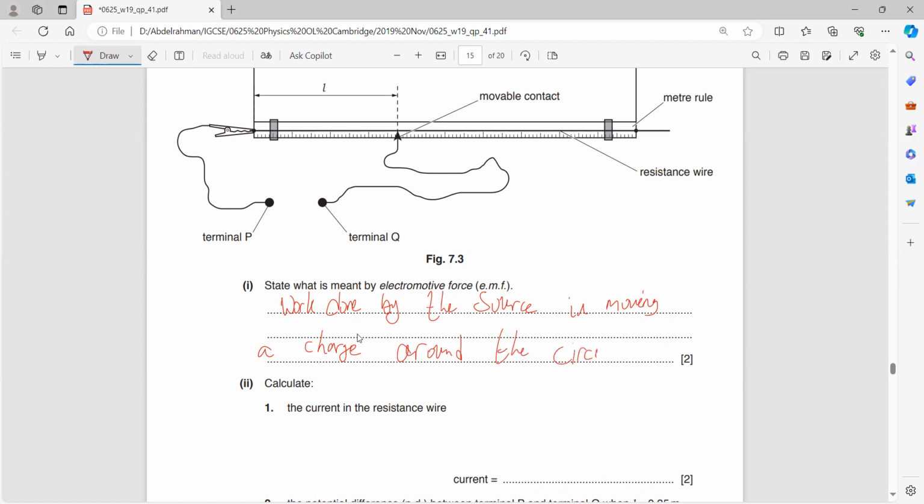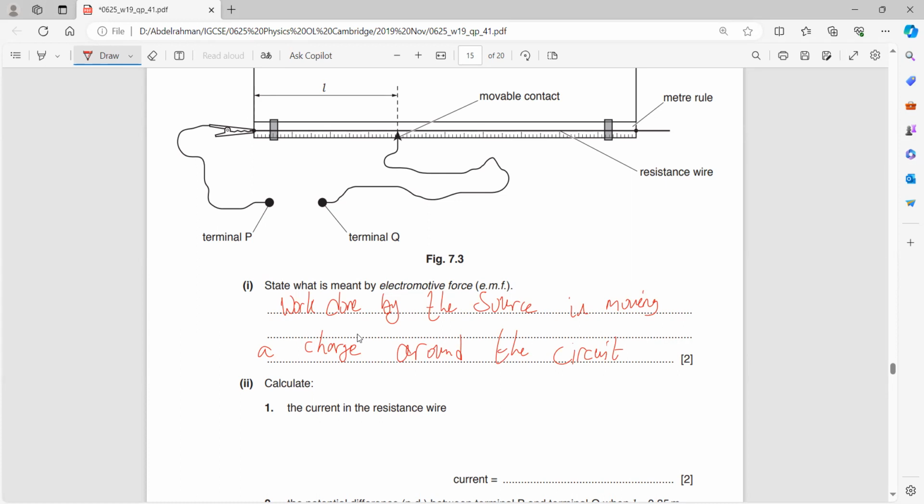طيب تعالوا نفهم كده، تعالوا نرجع تاني نفتكر what does الفولتج mean. What does the voltage mean? It's the energy per unit charge. صح؟ ده معنى كلمة الفولتج. طيب لما بقول الفولتج is the energy per unit charge، while saying this energy I would say the work done per unit charge.